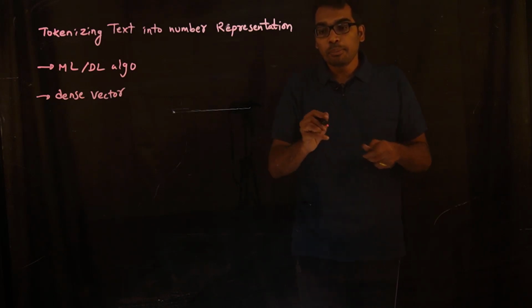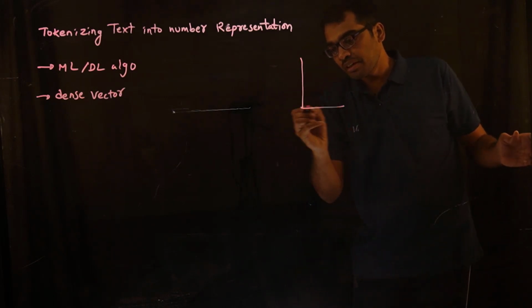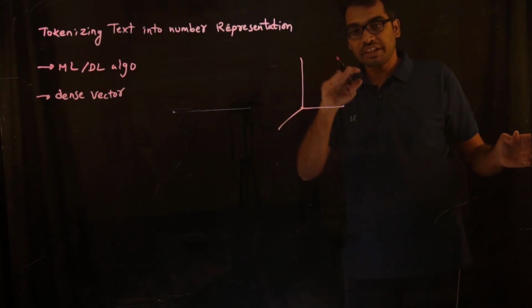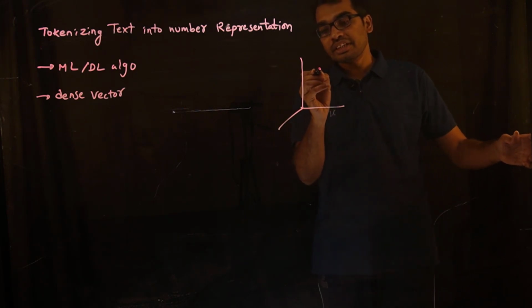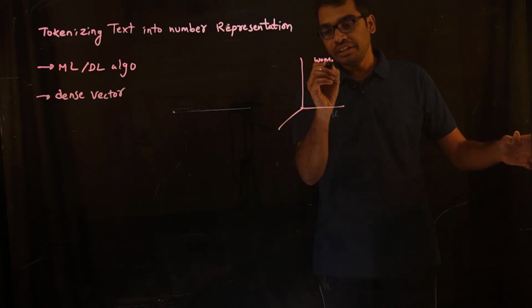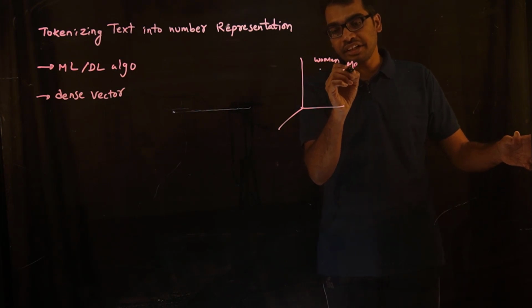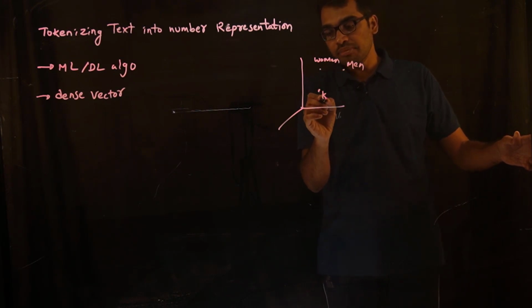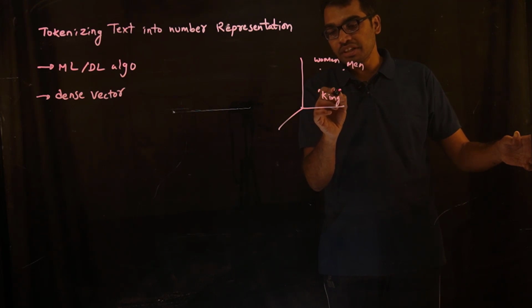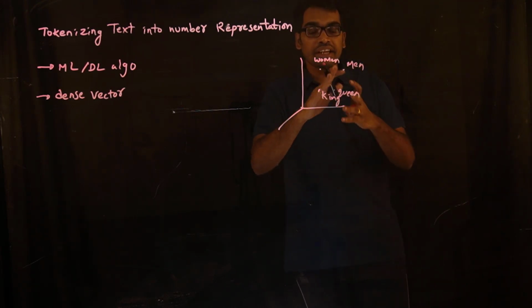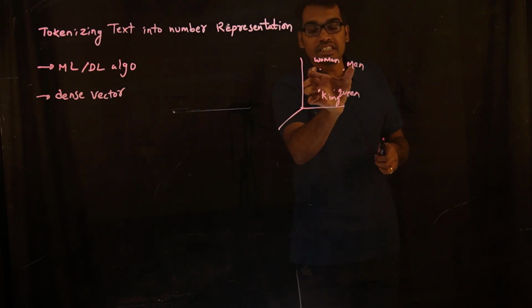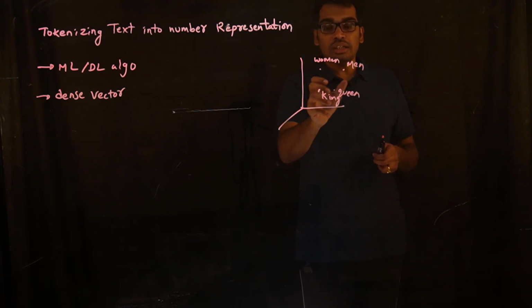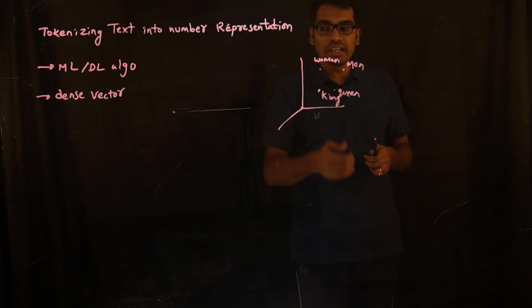So let's say you plot in a 3-dimensional or 4-dimensional view, woman comes here, and then man comes here, and maybe king comes here and queen comes here. You can plot them, and then we can also find how similar and how dissimilar these words are.